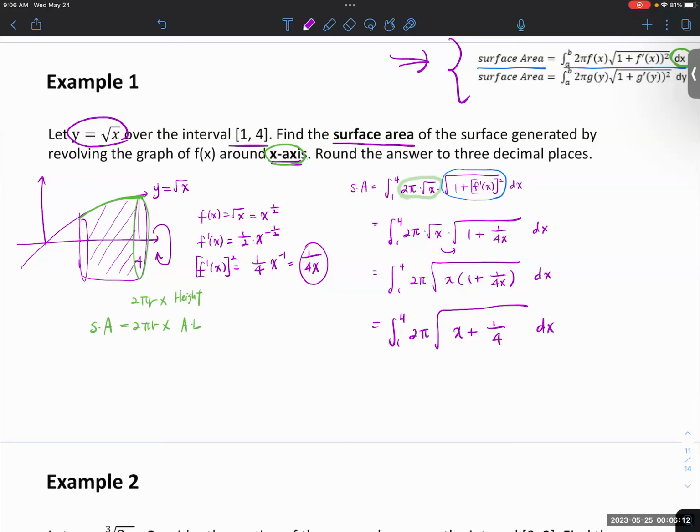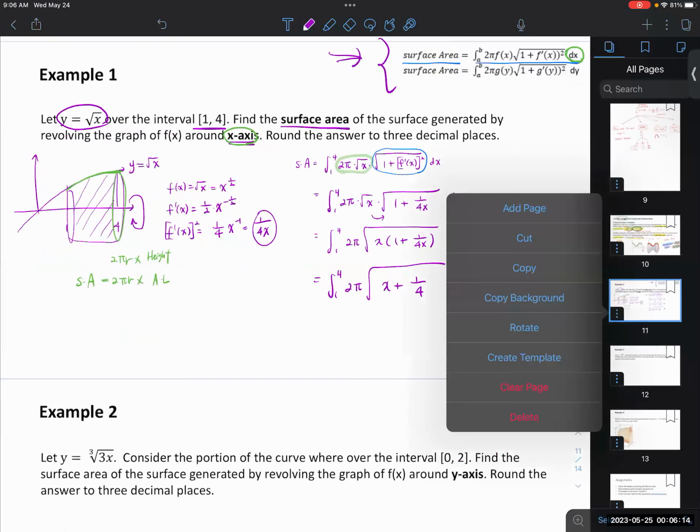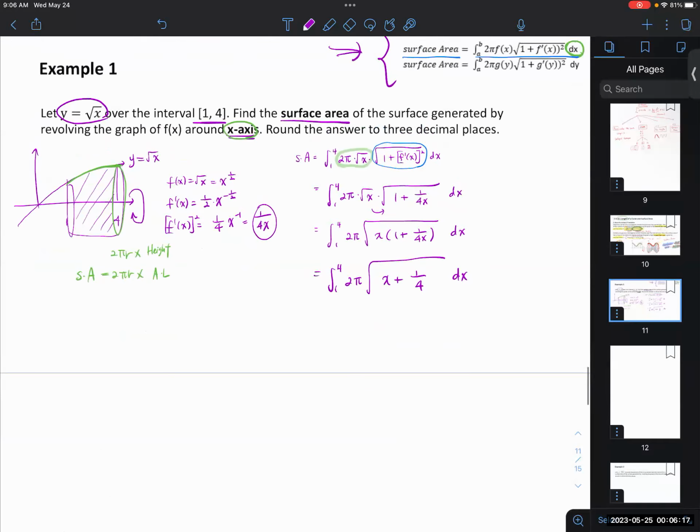So here, I feel like we're going to use a u substitution. We're going to say u equals x plus 1 over 4, so du over dx is 1. Are we okay? And then we're going to change the limits 1 and 4 in terms of the u variable.